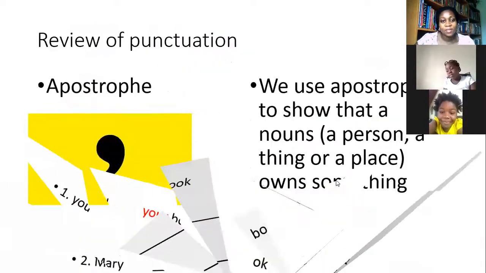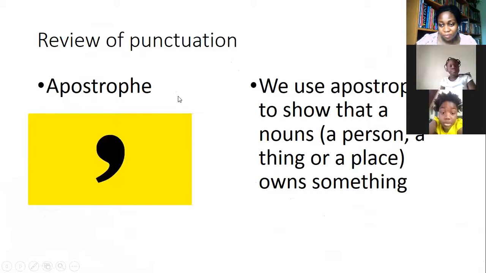Okay, let's see. We have the apostrophe. This punctuation is called the apostrophe. It shows ownership when it is used together with a noun. Now, Jolly, read what you see over here. Then we'll look at examples and we will end the class.